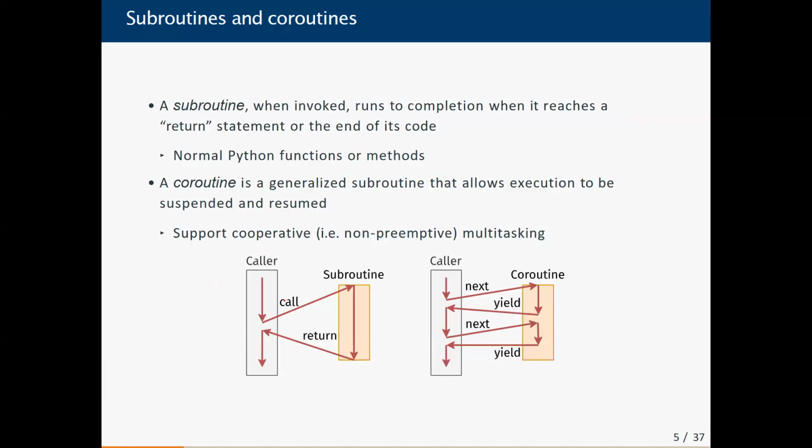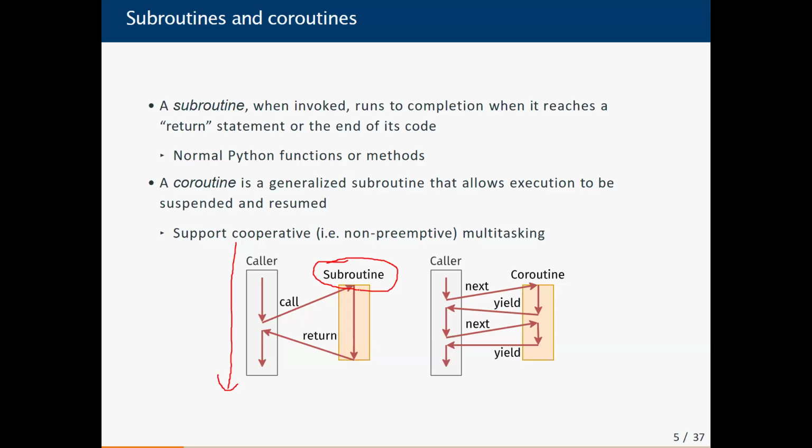In general Python functions, we have a main function, which we define as the caller. In the main program, we might call some other functions. The function that is called by the main program is called a subroutine.